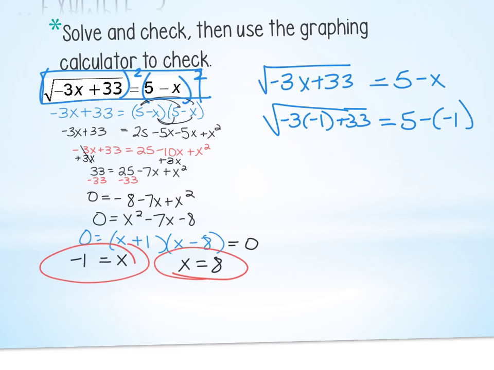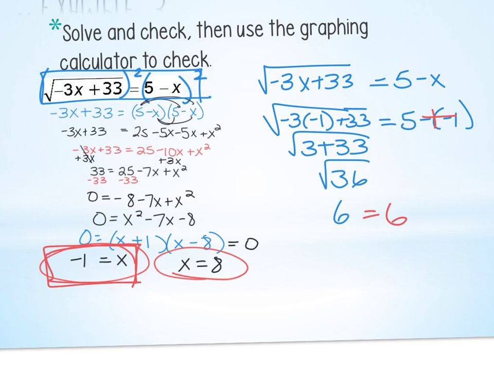So negative 3 times negative 1 is 3, plus 33, square root of 36, which is 6. And then 5 minus a negative 1. What happens when you've got minus a negative? Changes to positive. Does 6 equal 6? Yeah, so I know that this one is good. Negative 1 is good.